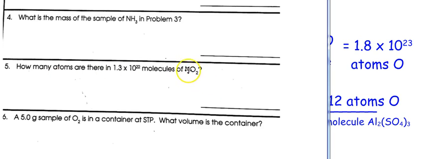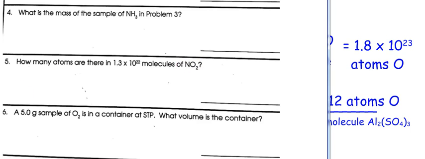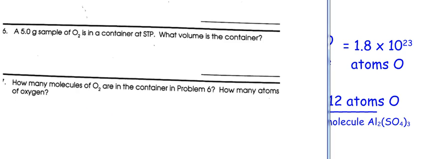How many total atoms are in 1 molecule? And then you can also do number 7, part B. How many atoms of oxygen are there in that many grams of oxygen up ahead in number 6? So you can now convert molecules to atoms of oxygen. So go ahead and finish off page 7. When you do, come back and get out your notes.